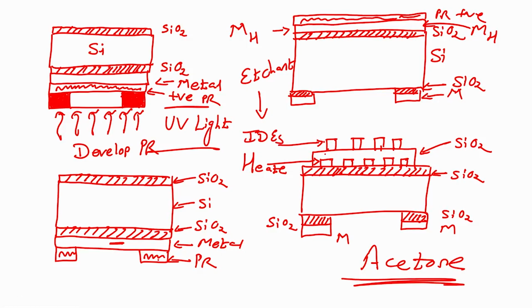On this interdigitated electrodes, we can deposit material which is your semiconducting oxide or metal oxide semiconductor, such as ZnO, right. Now, after this you have the sensor ready, but the silicon is thick.